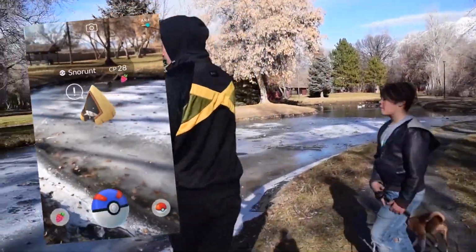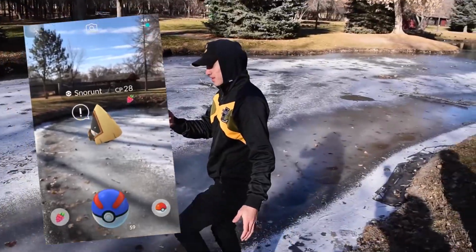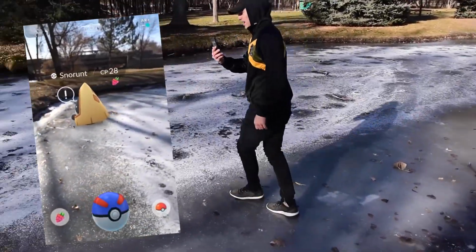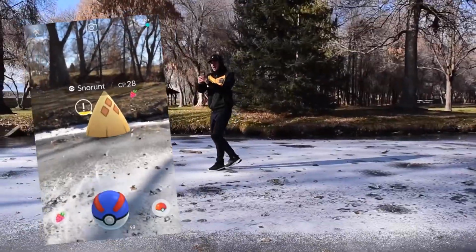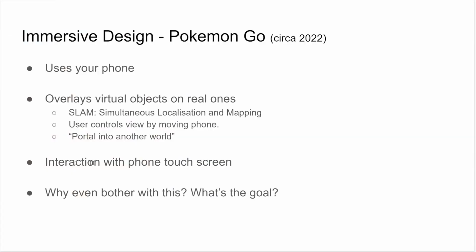And it is this information that it uses to rotate, scale and position the virtual objects so it looks like it's on top of the real ground or the real environment. Now here's a little question for you. It uses your phone screen as the means of interaction. So we're kind of breaking the rules here a little bit.